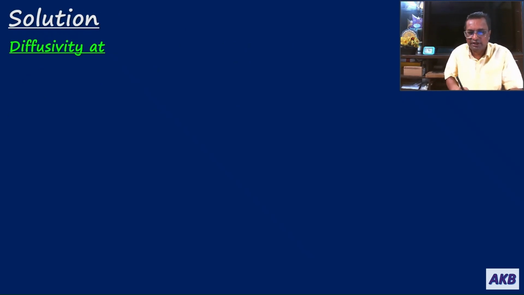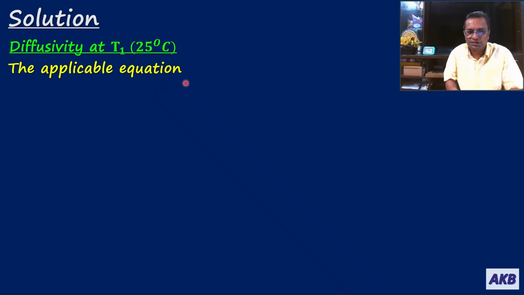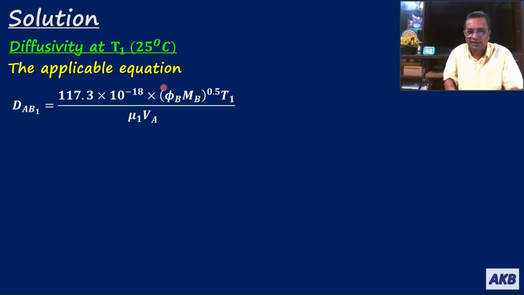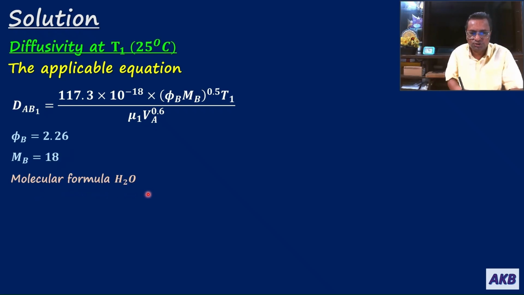First, we will find out the diffusion coefficient at T1, that is 25 degrees Celsius. The applicable Wilke-Chang equation: DAB1 is equal to 117.3 × 10^-18 × phi B × MB raised to 0.5 × T1 divided by mu1 × VA raised to 0.6. Phi B is 2.26, it is given to us. MB is 18 because the molecular formula for water is H2O.